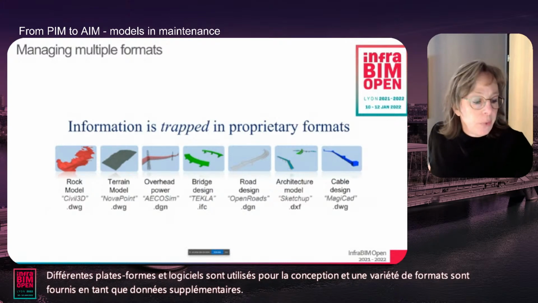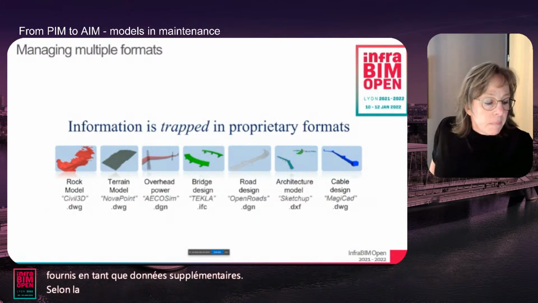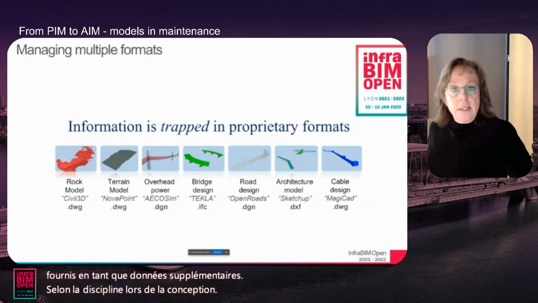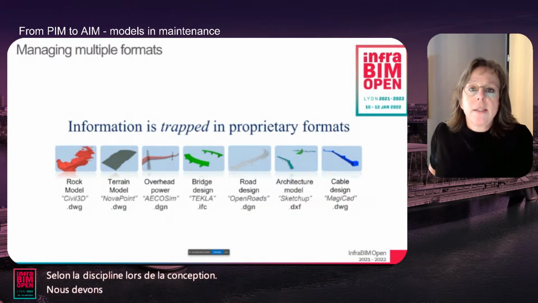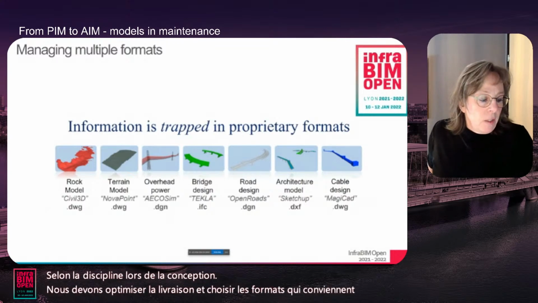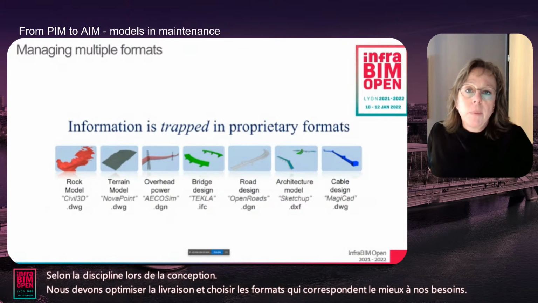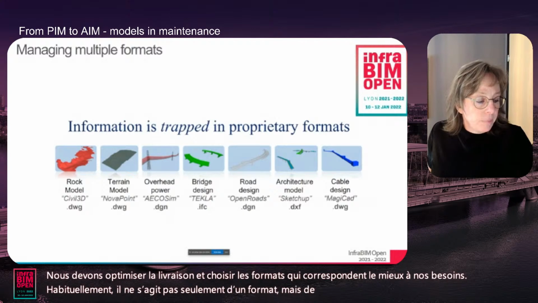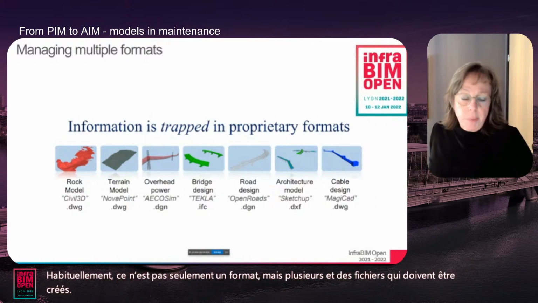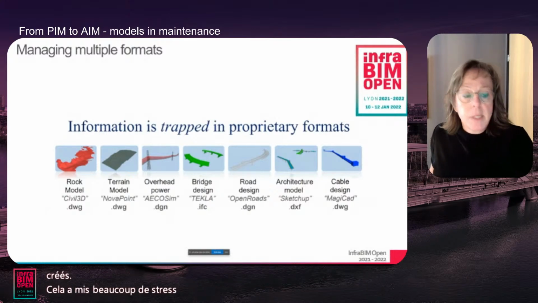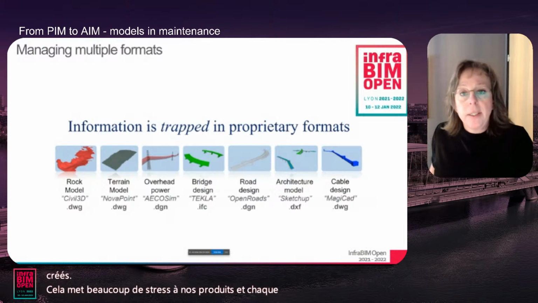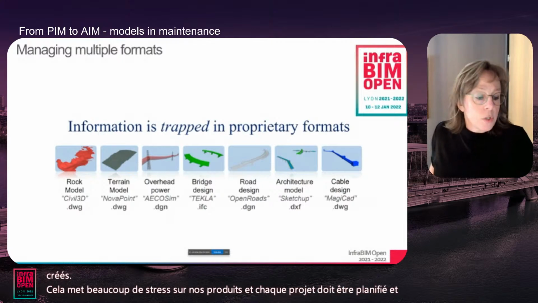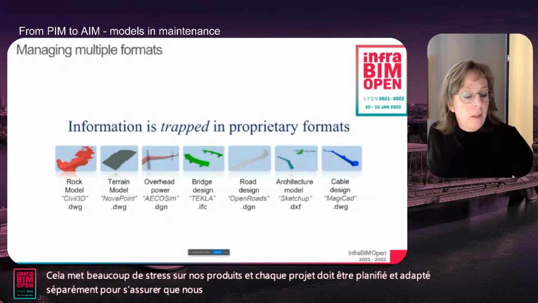Depending on the discipline doing the design, we have to optimize the delivery and choose the formats that best fit our needs. Usually that is not only one format, but multiple files that must be created. This puts a lot of stress on our projects, and every project must be planned and adapted separately to make sure that we can make use of the data created.